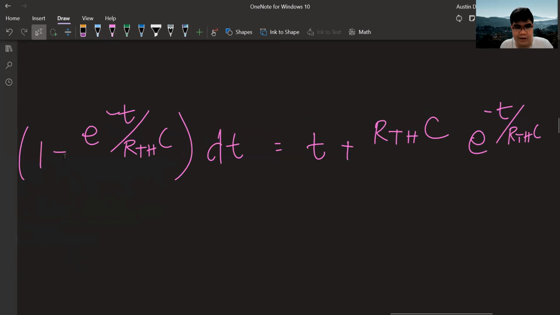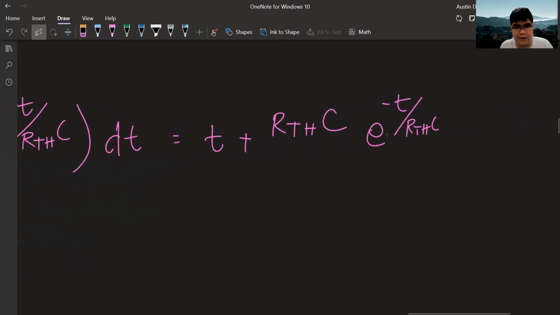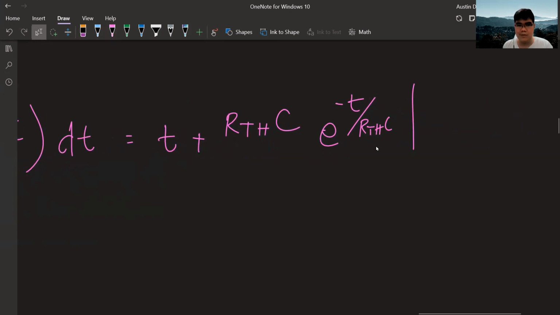May minus kasi dito, kaya nawala yung isang minus. And then these are all evaluated from 0 to T1.